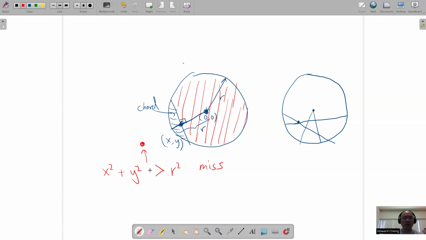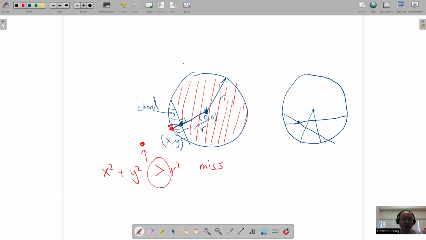Now you might say, well, I just told you, you're given inputs that are floating point numbers. What if somebody tries to hit really, really close, maybe right next to the boundary, either inside or outside? Are we going to accidentally get this comparison wrong because of rounding error?